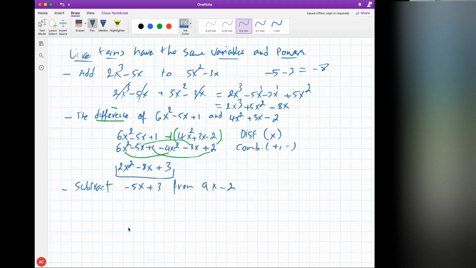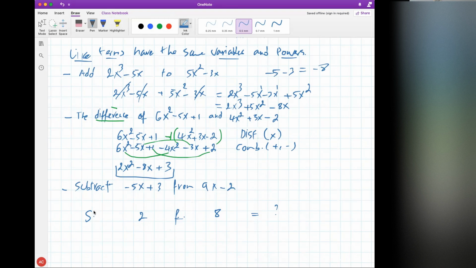So before you answer this, what if we said subtract 2 from 8? What is subtract 2 from 8 equal to? What's 2 subtracted from 8?